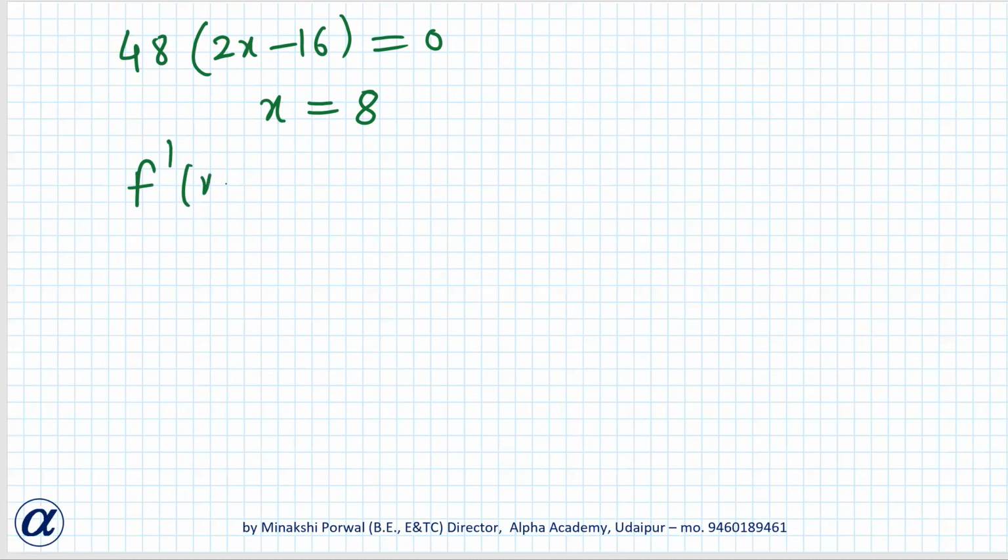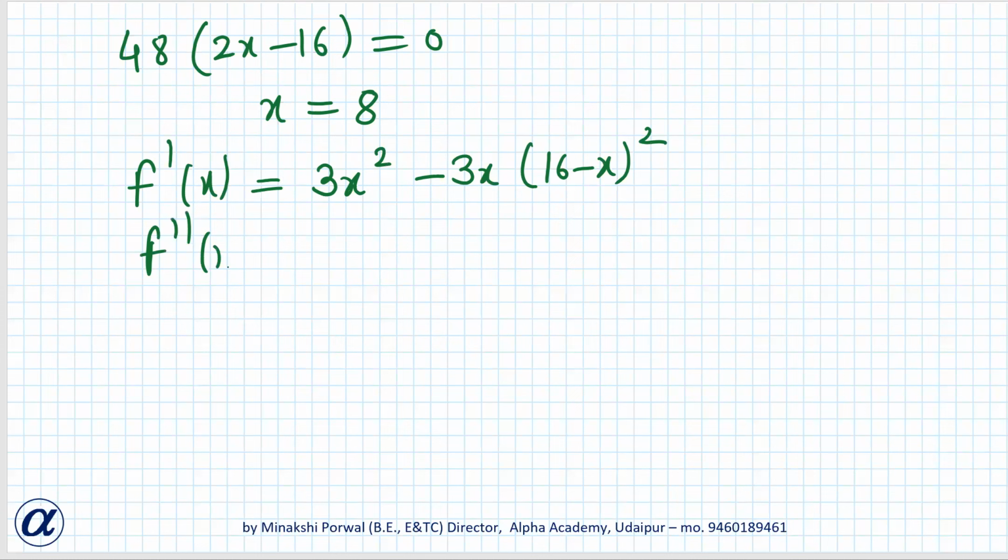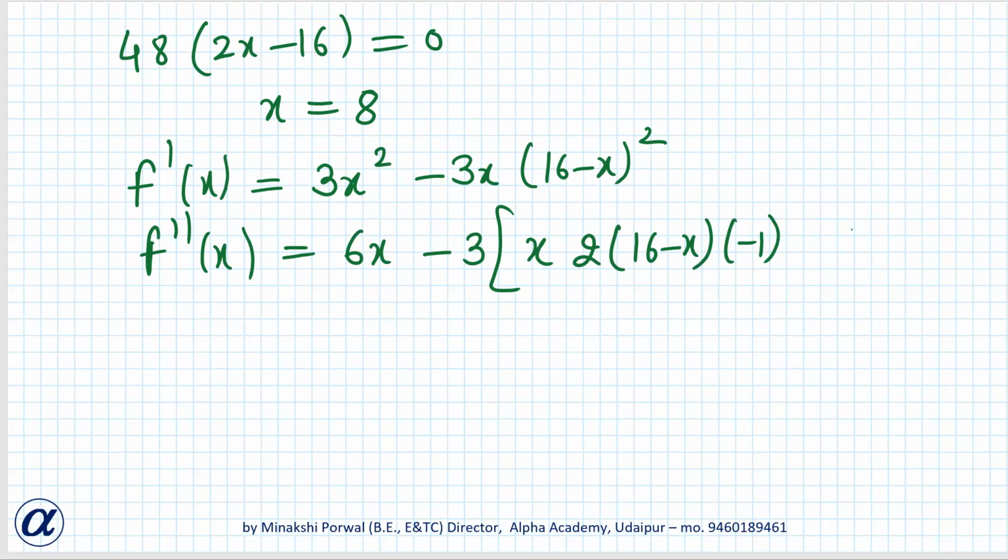So f dash x, which was 3x square minus 3 into (16 minus x) the whole square, its second derivative is equal to 6x minus 3 first into d by dx of second plus second into d by dx of first. Now just checking the sign of f double dash x at x equals 8.